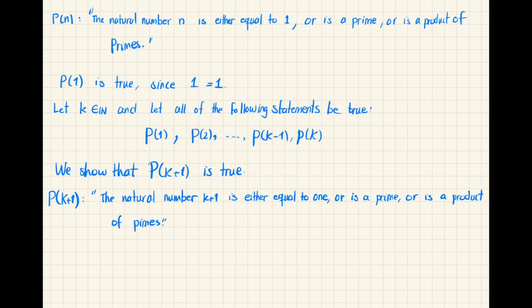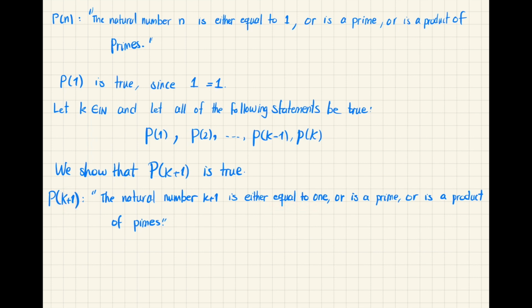So to prove that P of k plus 1 is true, because this is a disjunction, either equal to 1 or a prime or a product of primes, this statement is true if at least one of these statements is true. Of course, for k plus 1, this first statement cannot be true.